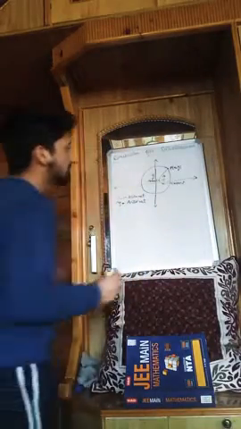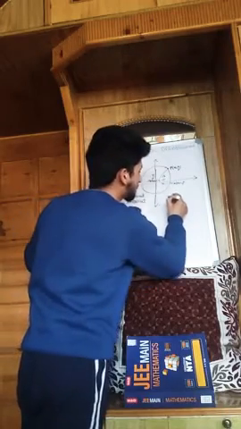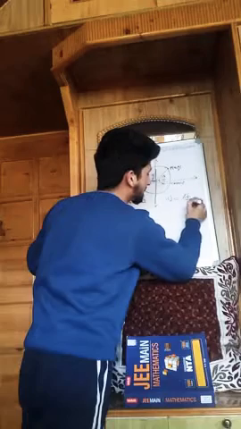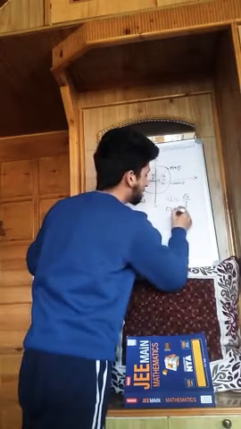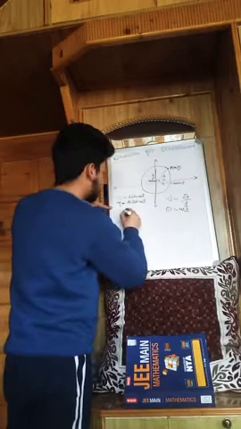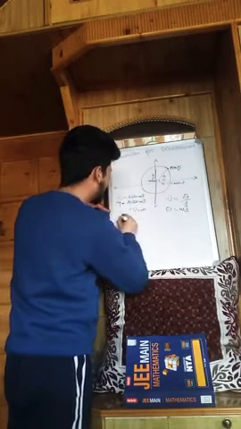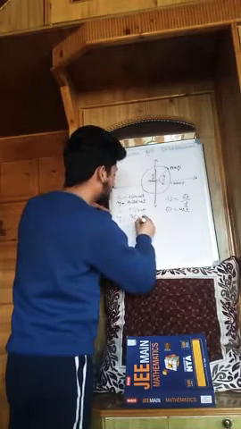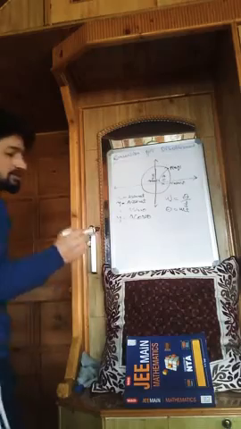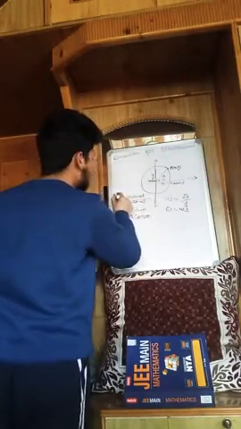You must be wondering why I have written omega t. Because omega is equal to theta divided by t, theta is equal to omega t. So actually this was x equal to a sine of theta, and y equal to a cos of theta. I have just replaced theta by omega t. So these are the equations.